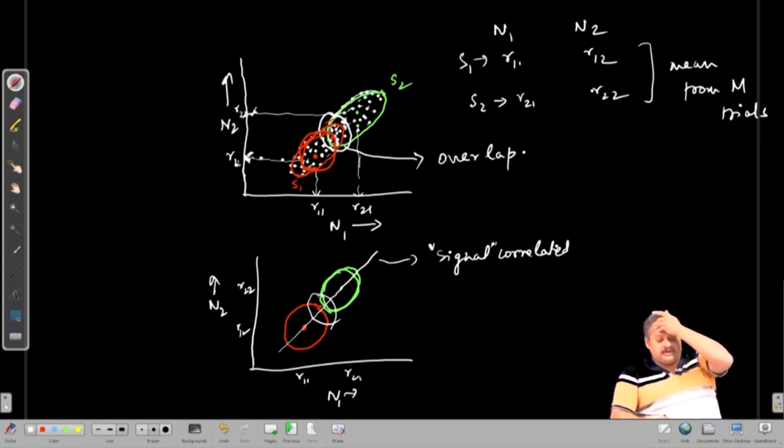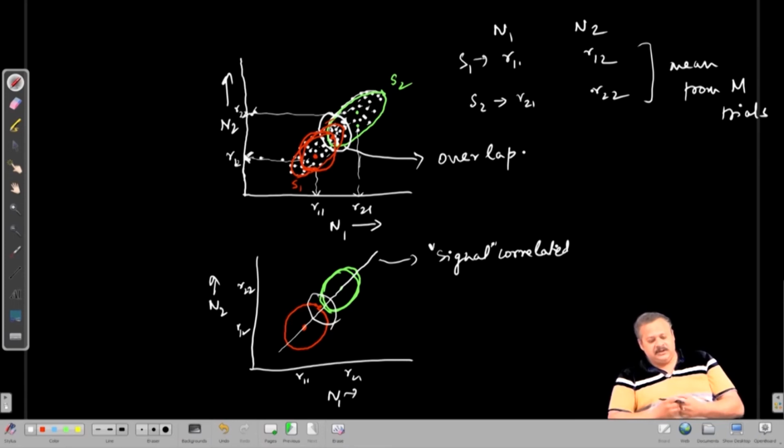So for positive signal correlations in such a scenario, if there is a drop in noise correlation, then we will have an improved decodability of the stimuli. That is, based on the pairs of responses, the degree of overlap between the response pairs is going to be reduced. So this is the case where the mean response pairs are positively correlated.